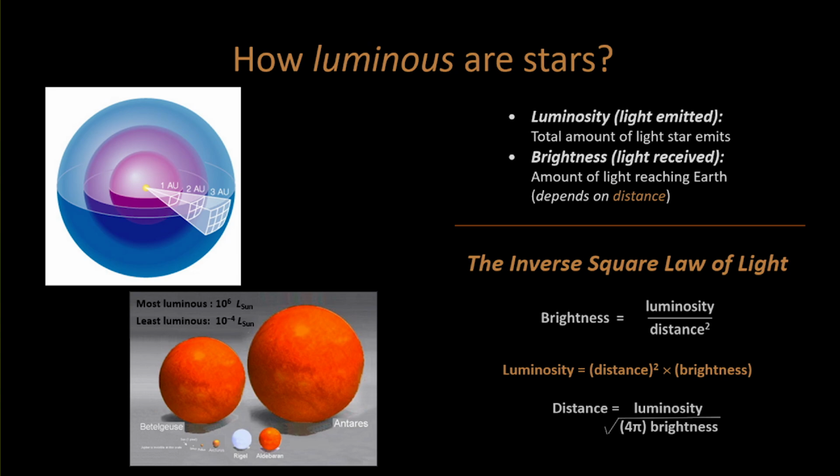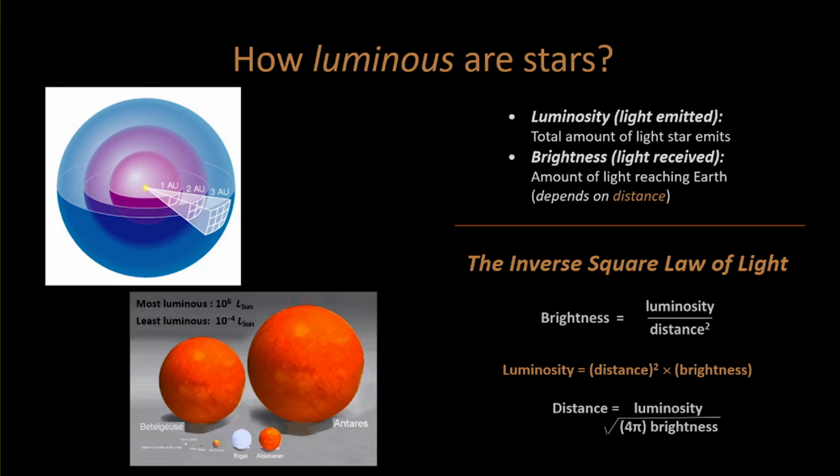Let's start with the lower number. The least luminous stars are 1/10,000th the luminosity of our sun. That's not very much, is it? But my goodness, can you see the most luminous stars? 1,000,000 times the luminosity of our sun. I've just never been able to grasp that a star could give off 1,000,000 times as much energy as our sun.